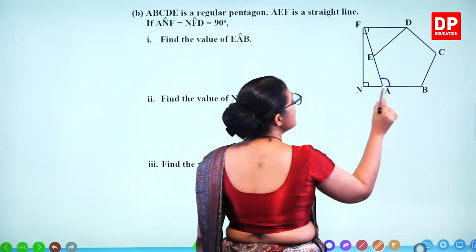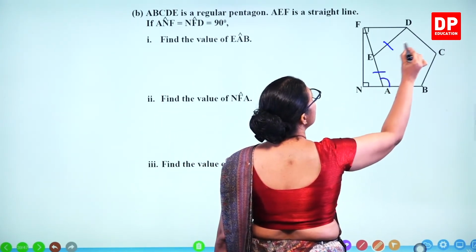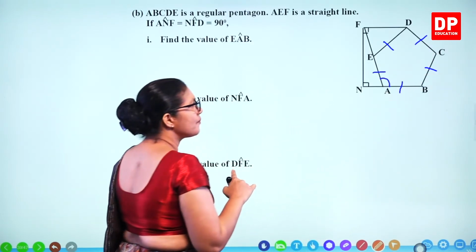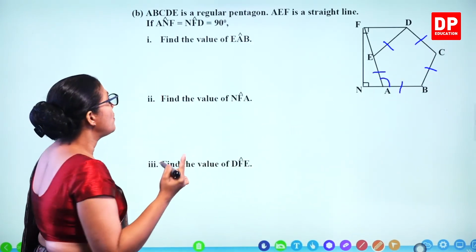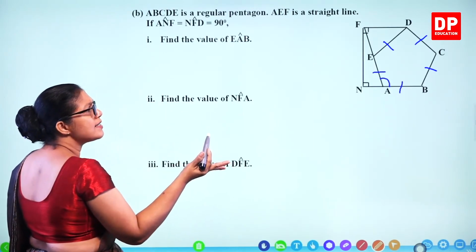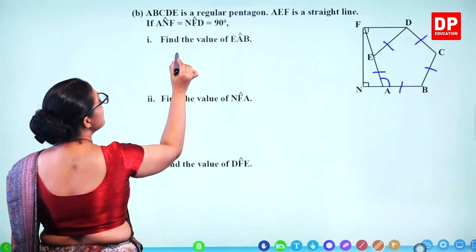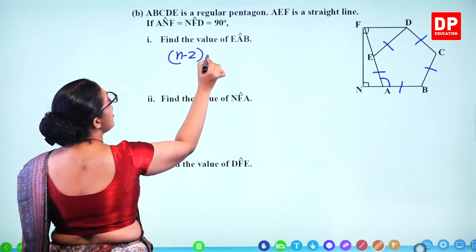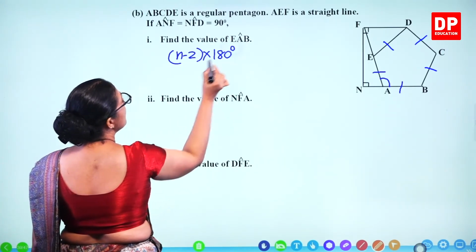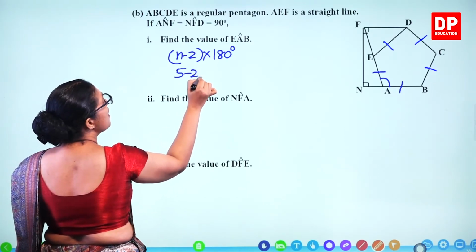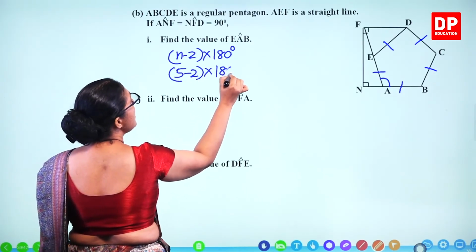So this means the interior angle of the regular pentagon. What's the interior angle? We can first find the sum of angles of a regular polygon or any polygon, that means n minus 2 into 180. If it's a pentagon, you can do 5 minus 2 into 180.